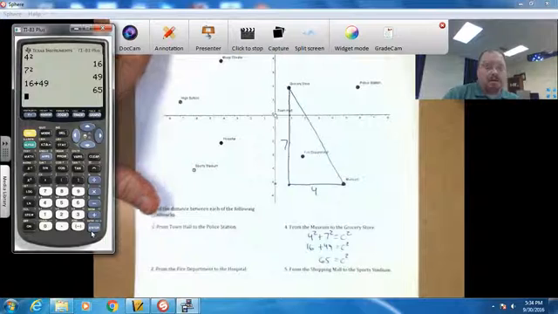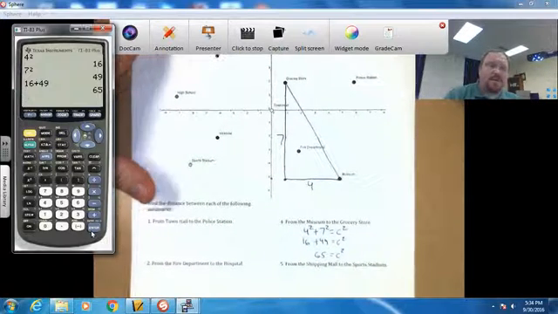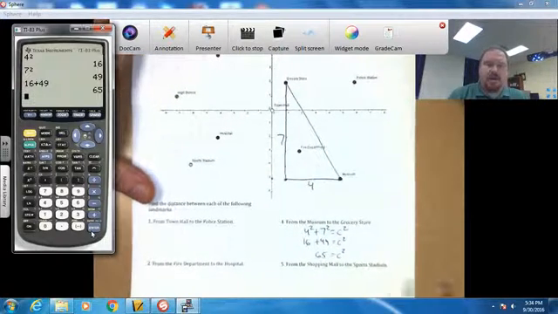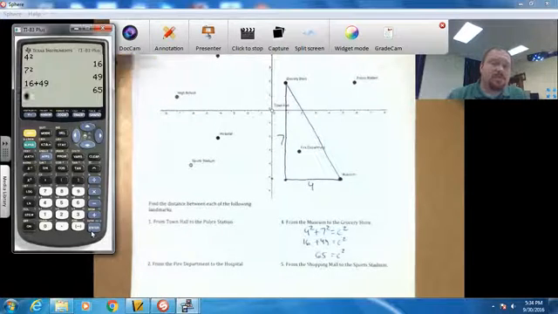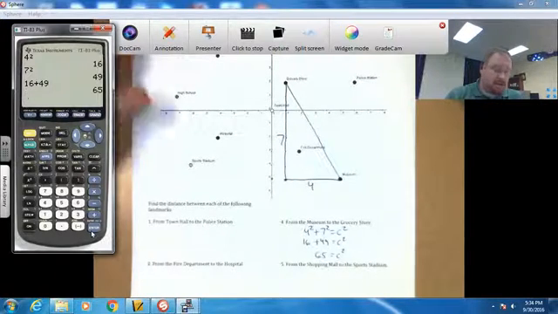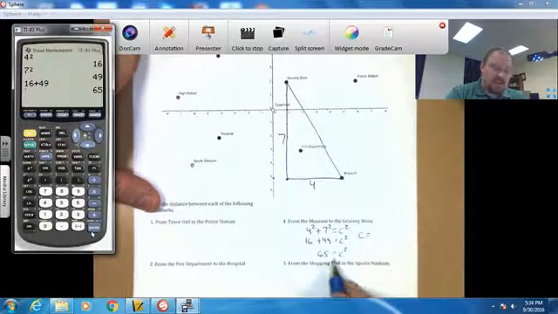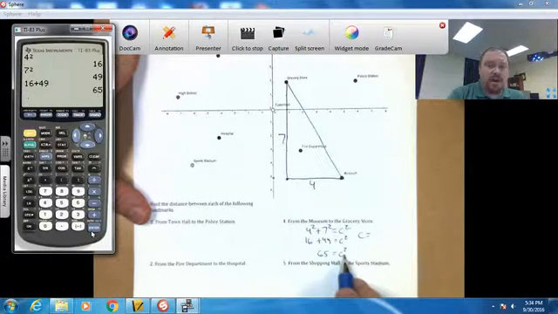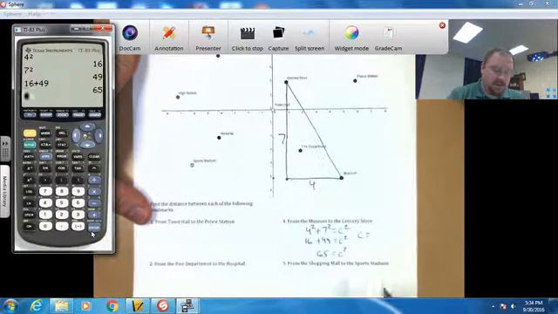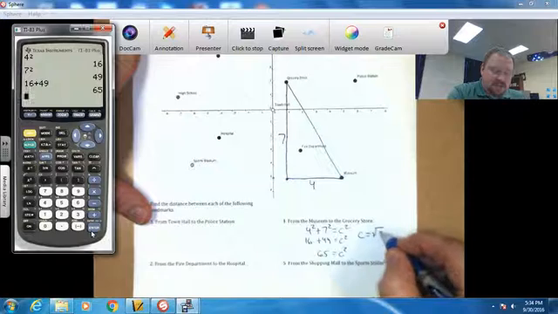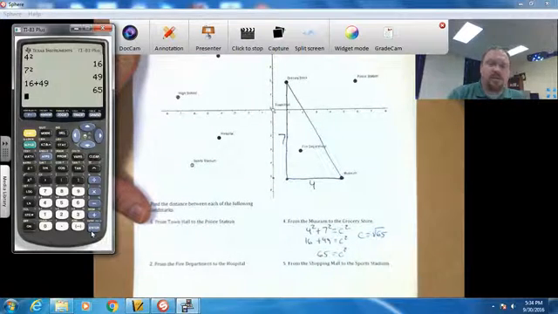Now, be cautious. Many people stop right here. But we don't want to know what c squared is. We want to know what c is. So, I have to undo squaring. So, c is the square root of both sides here. So, c is the square root of 65. And I don't know what that is.